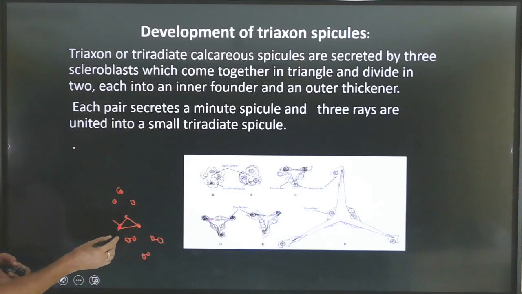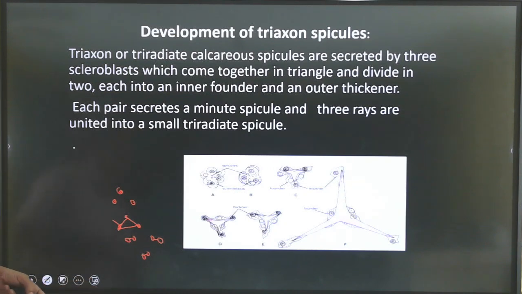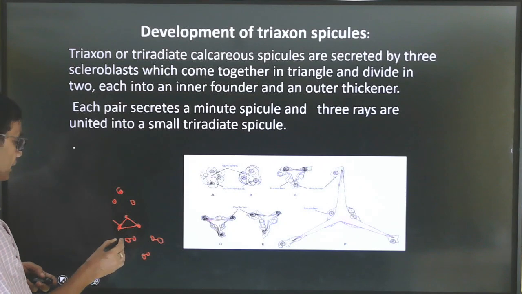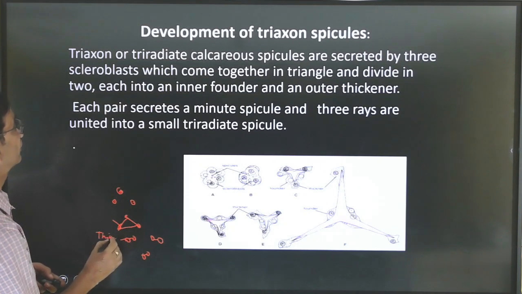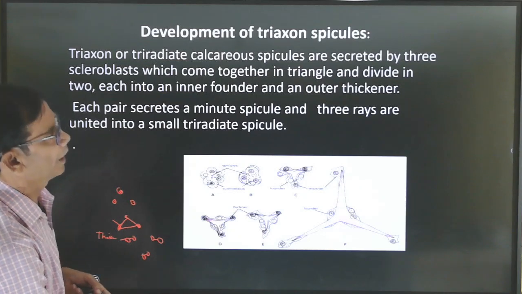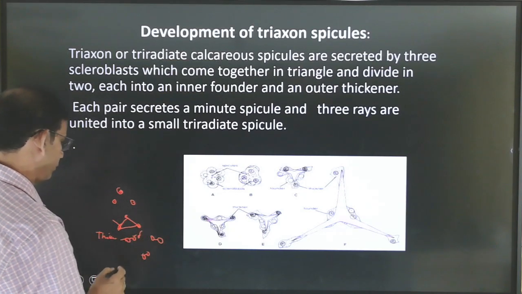Of the two outer ones, the outer one is called the thickener, and the inner one is called the founder.